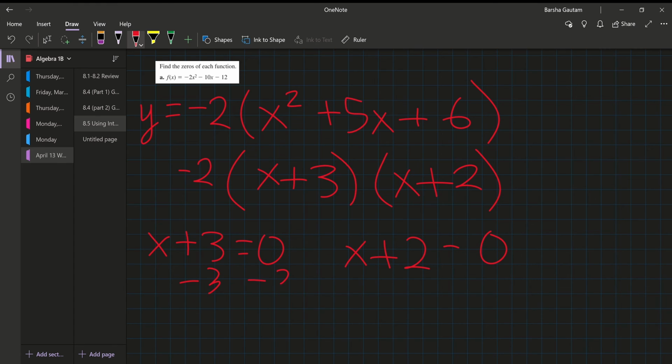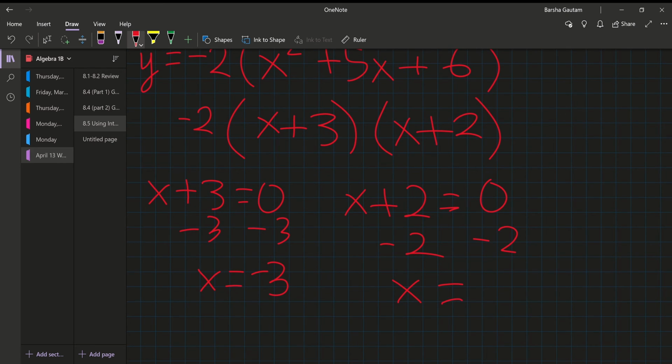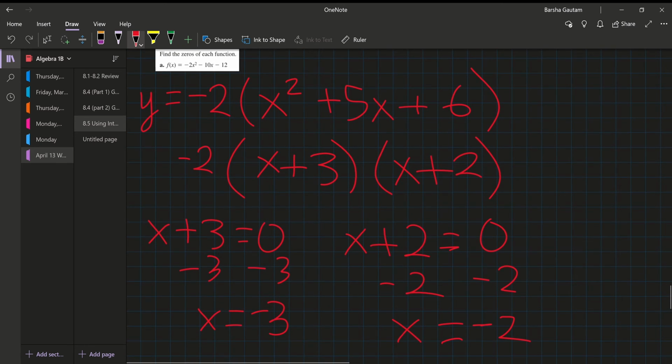We subtract 3 on both sides. We're left with x equals -3, and subtract 2 on both sides. And we're left with x equals -2. And that's how we'd find the zeros for the function.